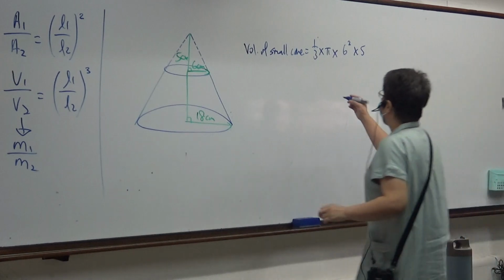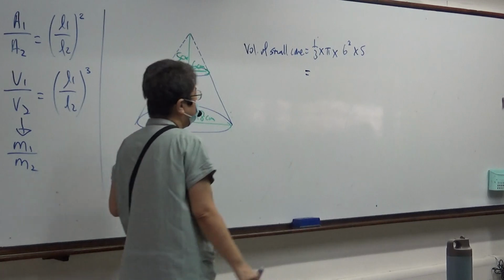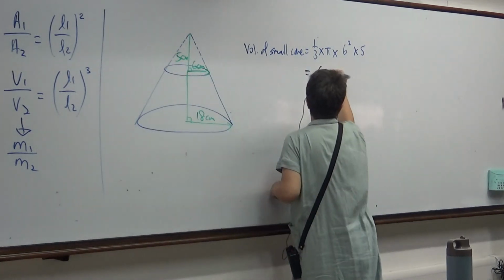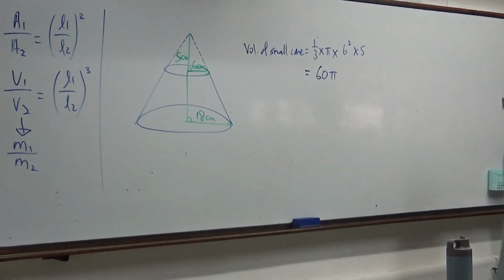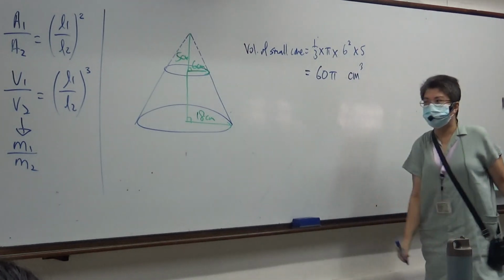Okay, can you key for me? Is this 60 pi? So, the volume of the small cone is 60 pi cm3.